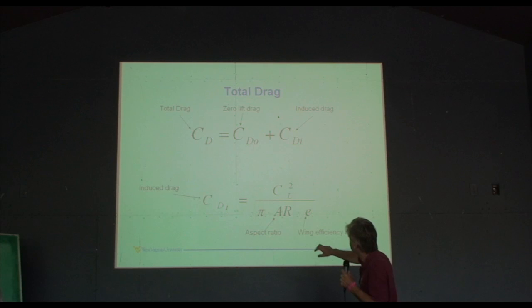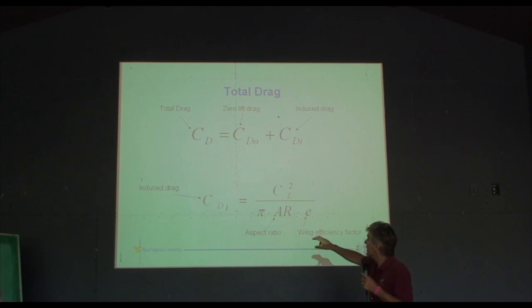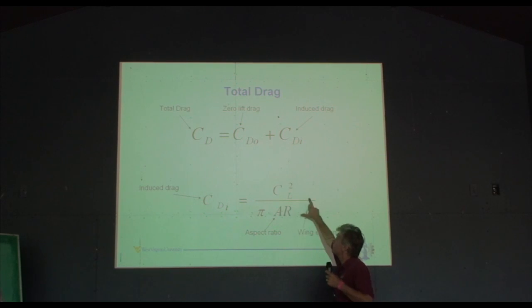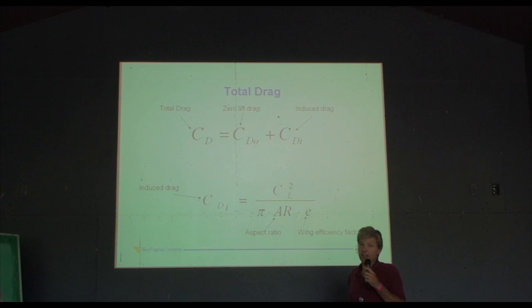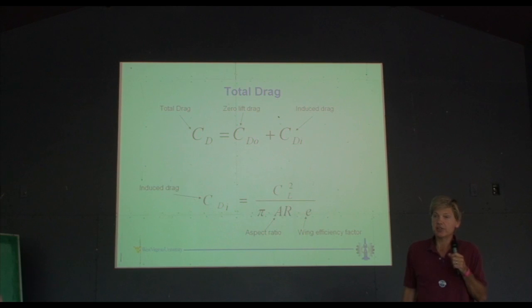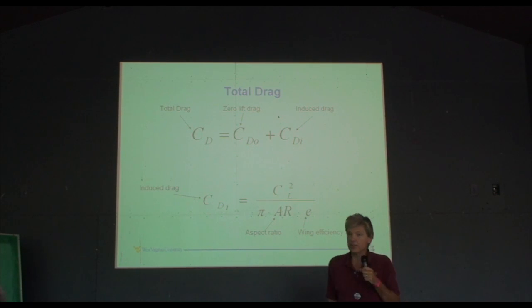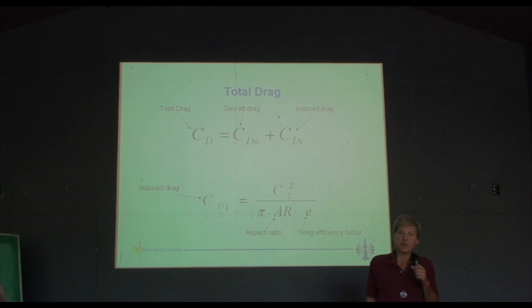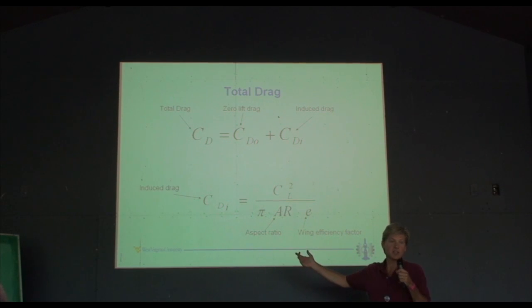The aspect ratio is very important. If the aspect ratio goes up, this number gets smaller, and the induced drag goes down. Therefore, the higher the aspect ratio, the lower the induced drag. So, why not build wings that have an aspect ratio of 100, instead of 5, like a Cherokee?